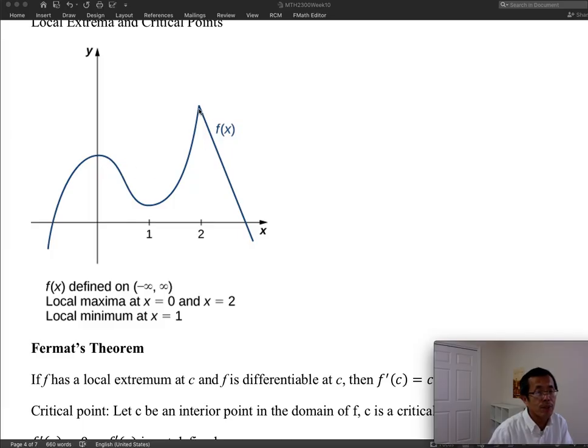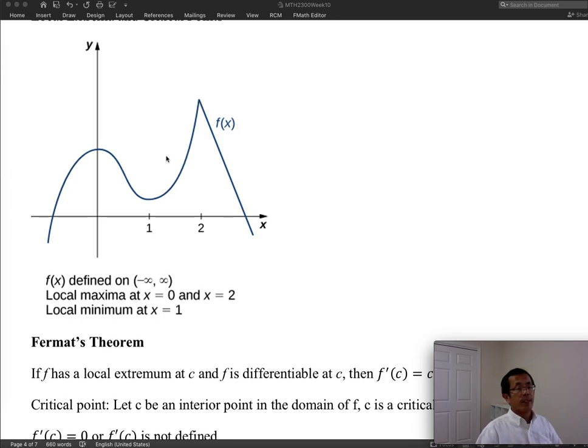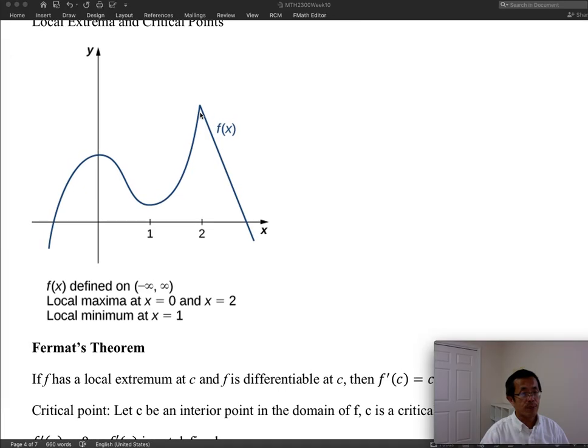At the same time, look at this corner point here. It stands on the very top of the graph, and it is also considered a local maximum. So for this graph, the function has a local minimum at x equals 1, and two local maximums at x equals 0 and x equals 2.